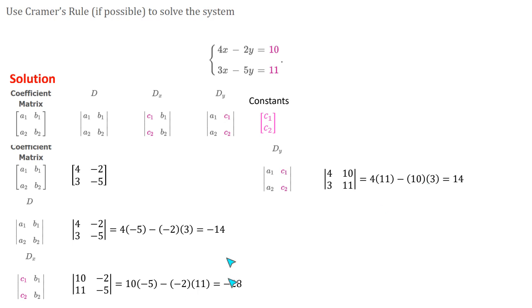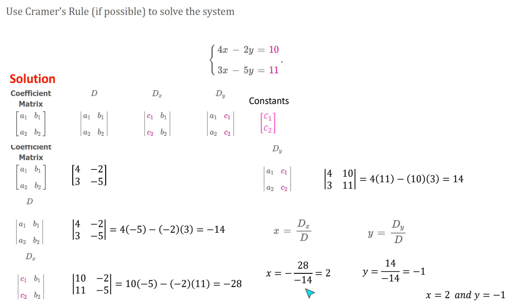So now that we have our three determinants, we can use the following formula. x is going to be dx divided by d, and y is going to be dy divided by d. So dx is negative 28, d is negative 14, so that gives us a 2.